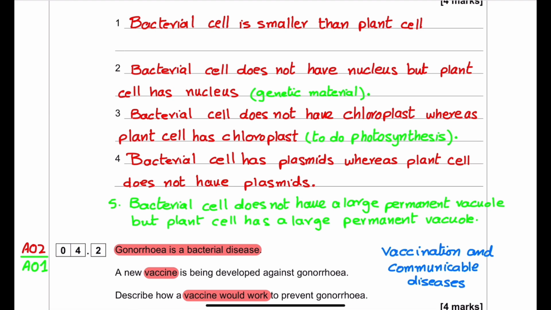These dead or inactive microorganisms stimulate the white blood cells in our defense system or immune system, and these white blood cells start producing antibodies to fight against these microorganisms.